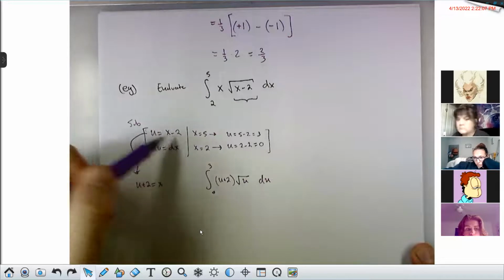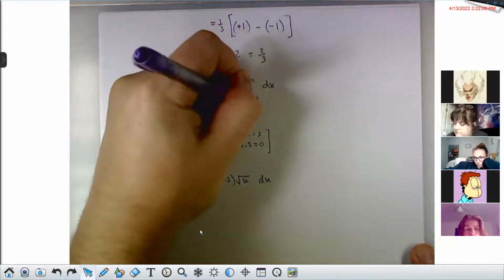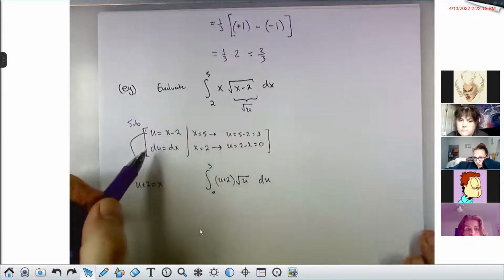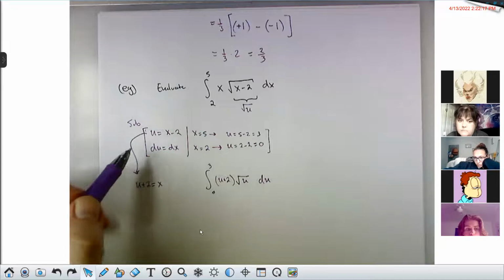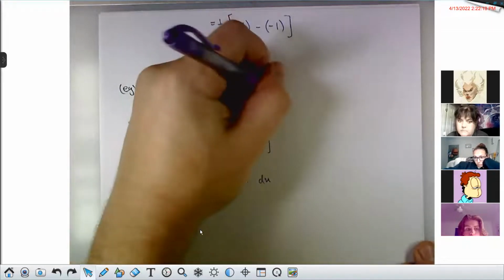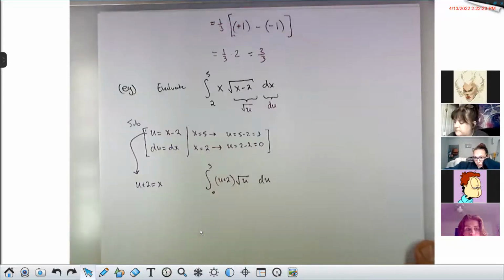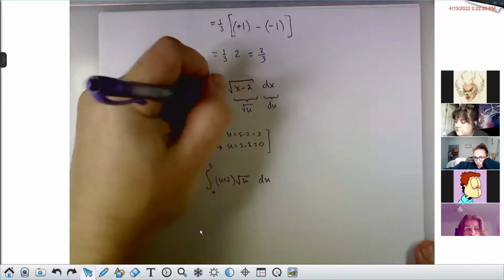So since x minus 2 is equal to u, this piece will be the square root of u. Because du and dx are equal to each other, I don't need to do anything special here. dx is just du. The challenge is this guy.